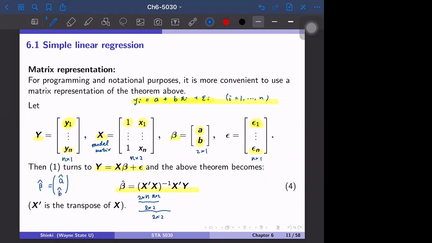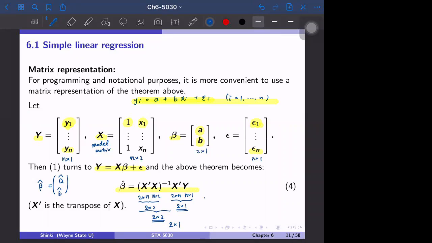And x transpose is 2 by n, and y is n by 1, so we can take the product, which is 2 by 1. So a 2 by 2 matrix times a 2 by 1 matrix is a 2 by 1 matrix, just a pair of two numbers. Then the first component is a hat and the second component is b hat.